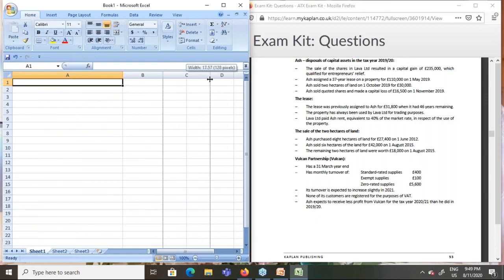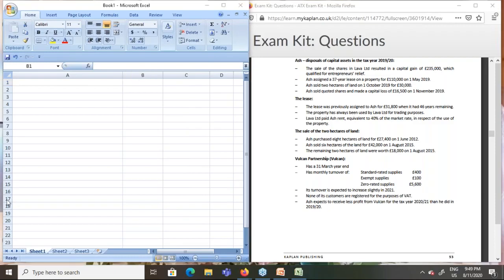So there are several disposals that have taken place during the year, and some qualify for ER and some do not qualify for ER. Qualifies for ER, not qualifying for ER.